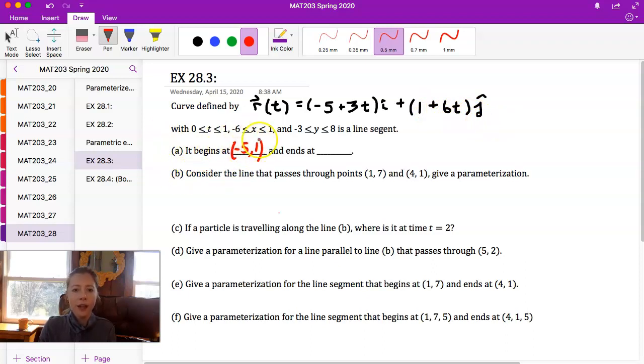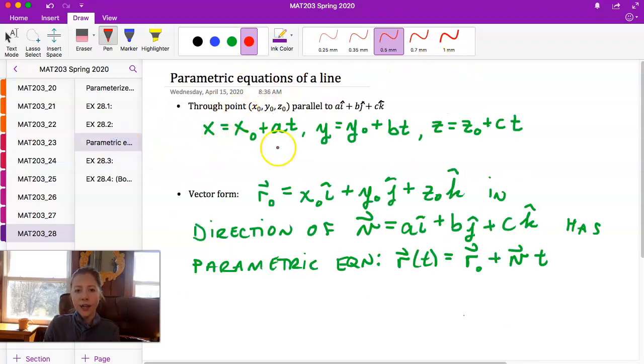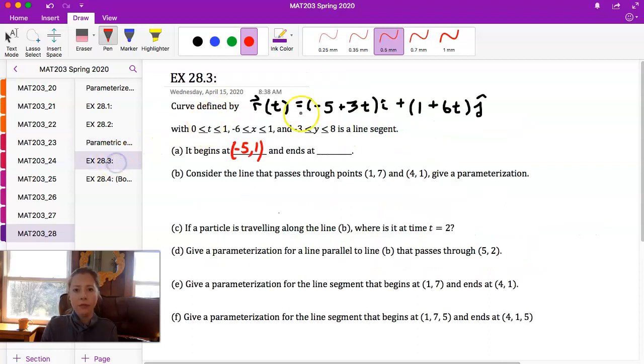So this line segment begins at point minus 5, 1, just like our example, where we would have x naught plus at i hat plus y naught plus bt j hat. So this would be our x naught, y naught, minus 5, 1.